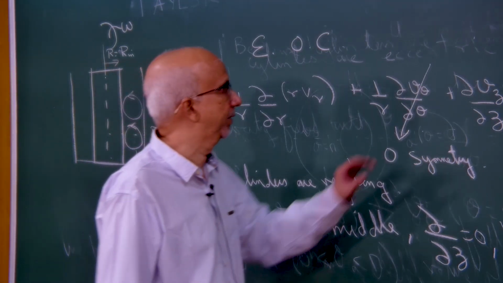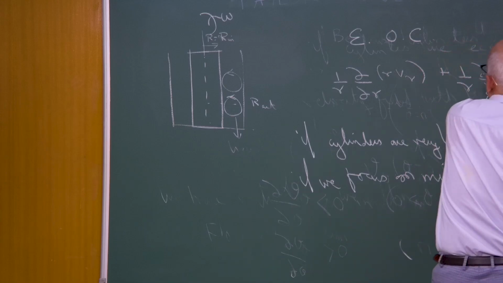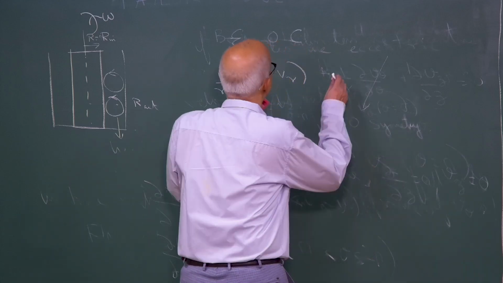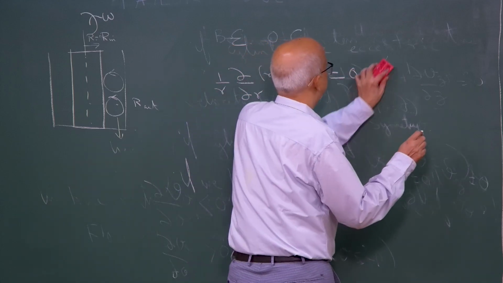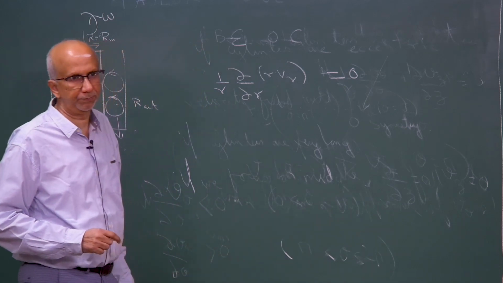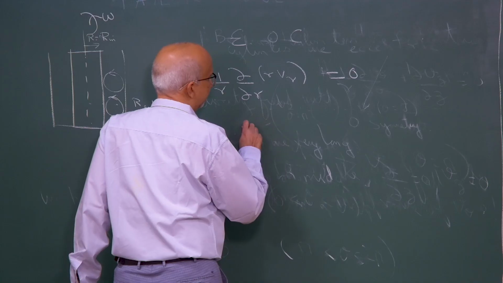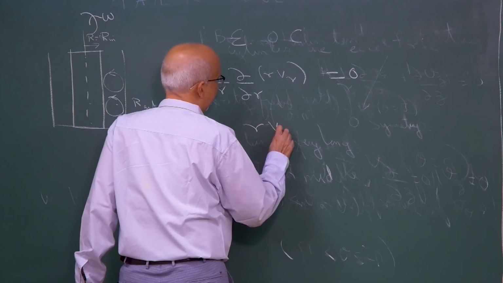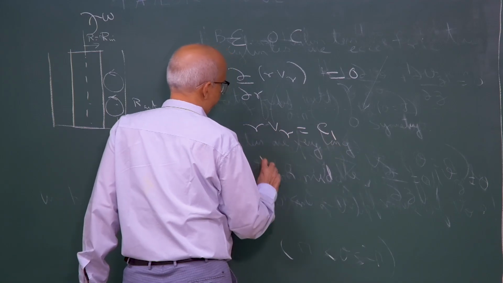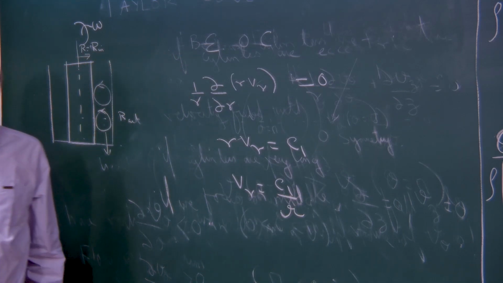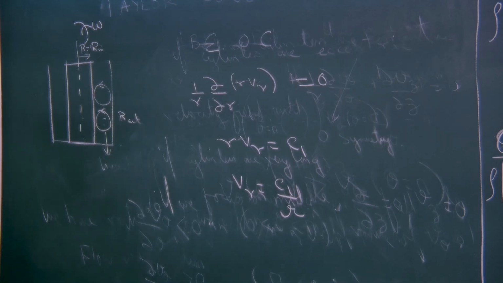Now, what does this mean? This means the equation of continuity simplifies to this equal to 0. You can solve this and say r V_r equals a constant, V_r equals C1 divided by r. So the radial component of velocity we are saying is 0. Why are we saying it is 0?